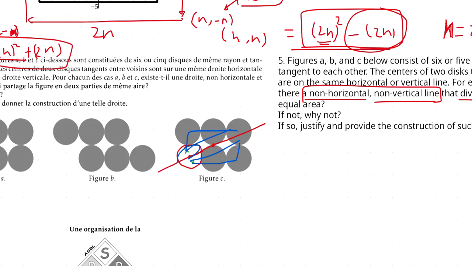So that means this line indeed separates these 5 circles into halves, and their areas are the same, although they're not congruent, because they subtract the same half of a circle out.